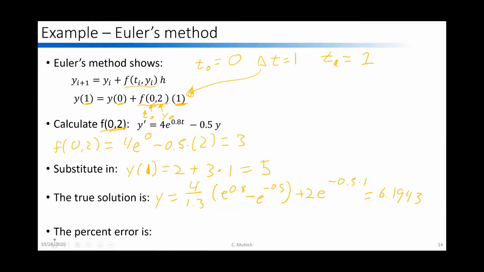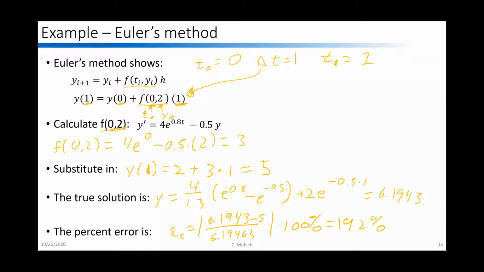This means that we have a true error of 6.1943 minus 5 over 6.1943 times 100% equals 19.2%. So not a ton of error, but not necessarily that close either.